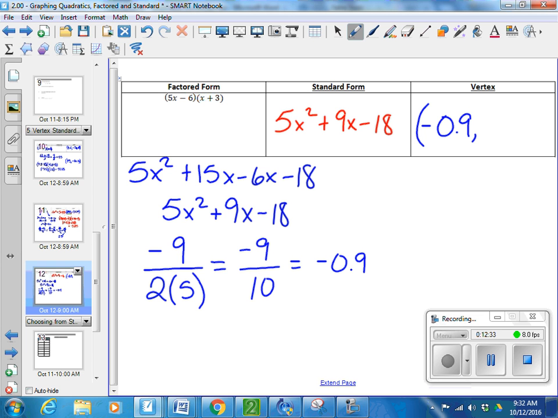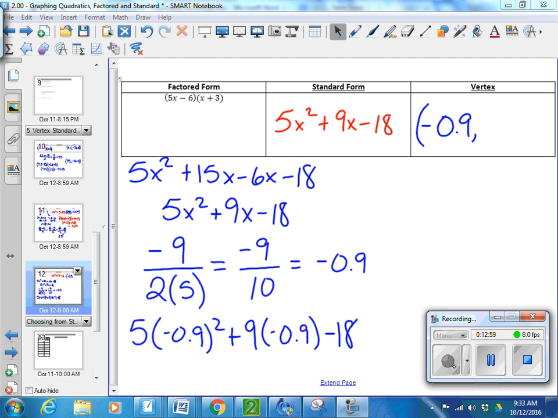Alright, so now, just as before, we're going to plug that value in and see if we can get our y-coordinate. So that'll be 5 times negative 0.9 squared plus 9 times negative 0.9 minus 18.